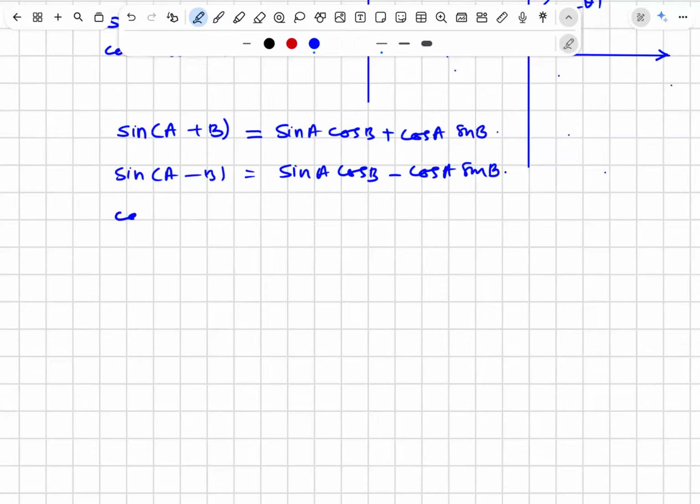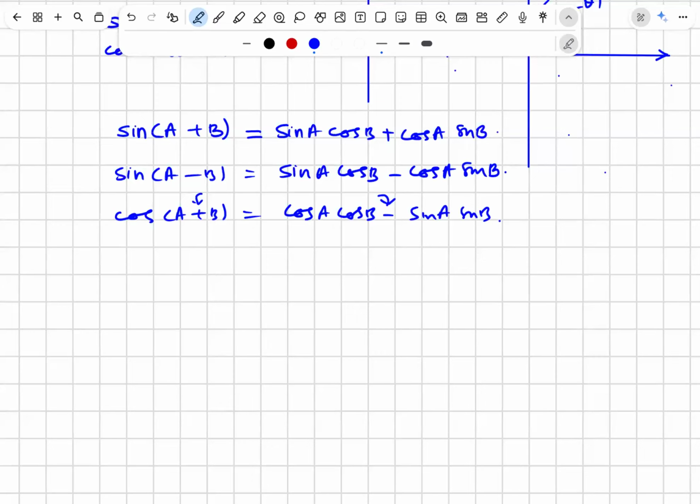What is cos A plus B? Cos A cos B minus sin A sin B. Remember, for cos, when you have plus here, you will have a minus term. I am sure all these things are known to you from your school days.